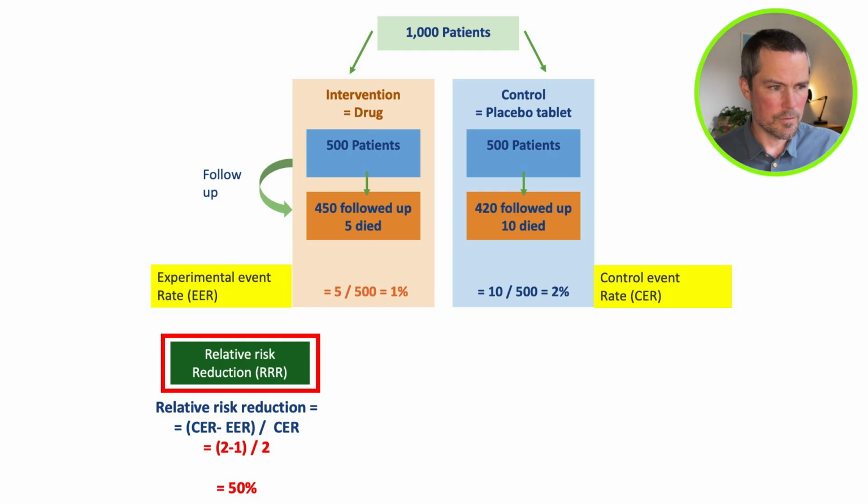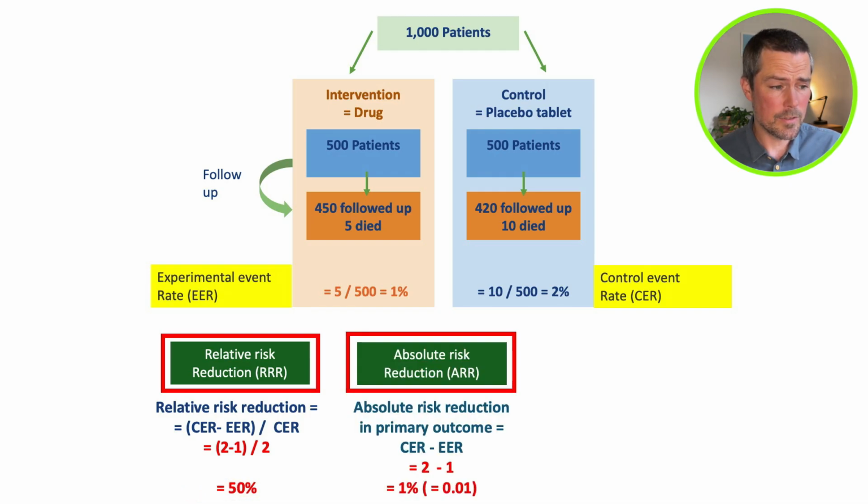So a relative risk reduction is done by comparing the result of the intervention group compared to the control group. This formula looks a little complicated, but in essence it says relative to the control group of 2%, how effective was the drug? So 2 minus 1 over 2. So the relative risk is 50%, and that sounds very impressive.